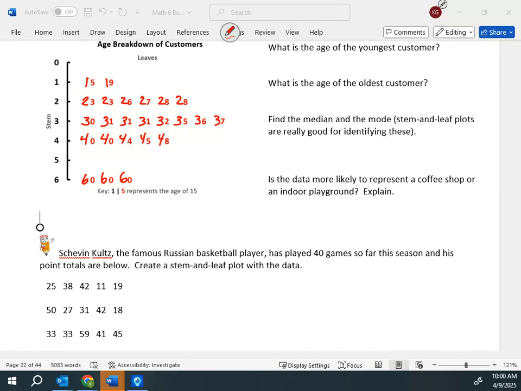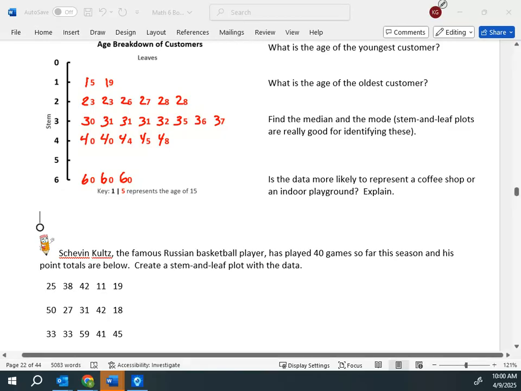When we go back and add that stem with the leaf to see what the true number is, it's easier to answer our questions. What is the age of the youngest customer? I've had people put 0 on there because they forgot to put the stem in front of it and they just looked at the leaf.